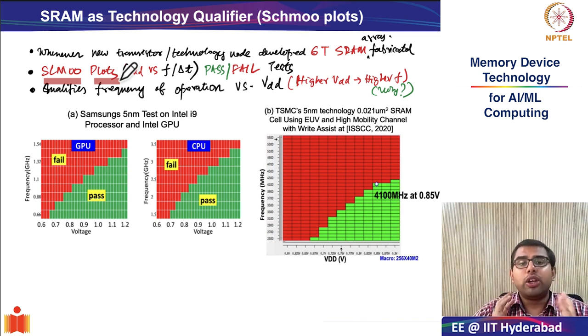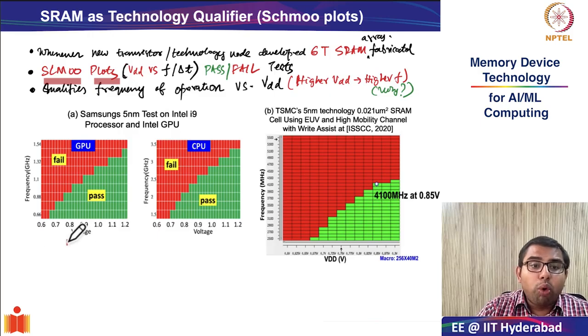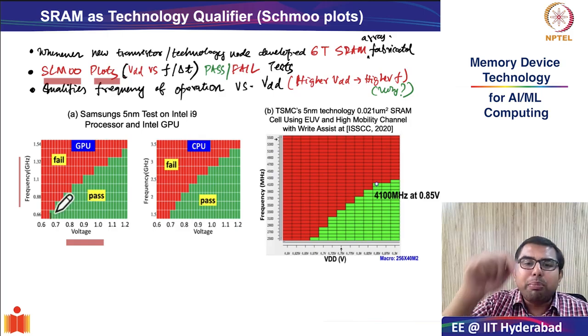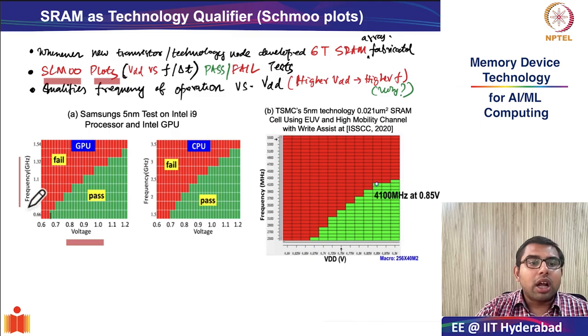You take a bunch of data, write it into an SRAM array, and then read it back, and you do it across different voltages and different frequencies. As you see, each small box is the same test performed at different frequencies and different voltages.